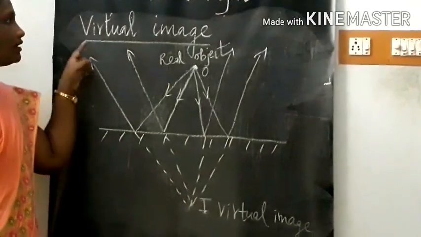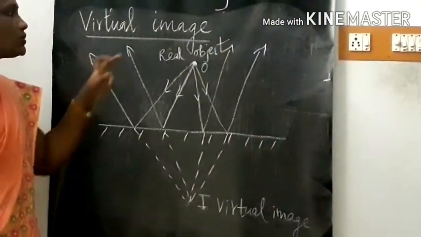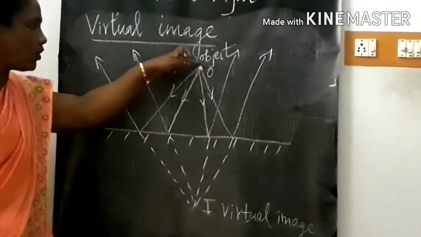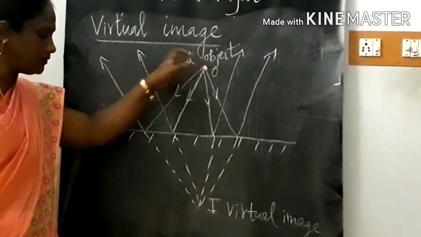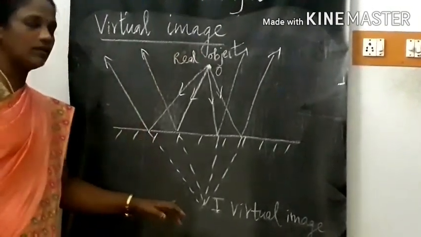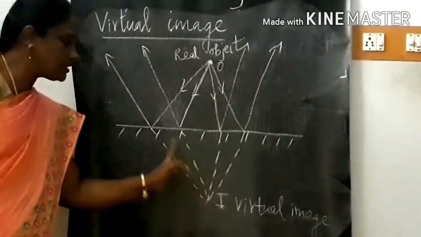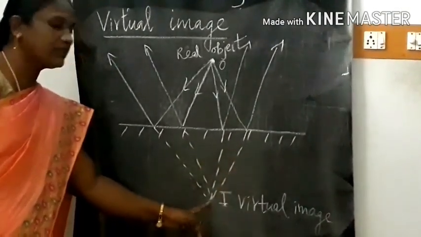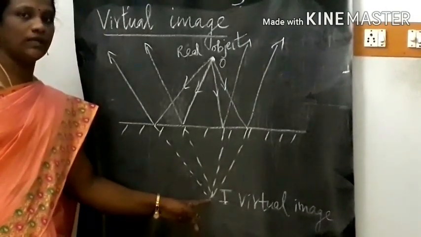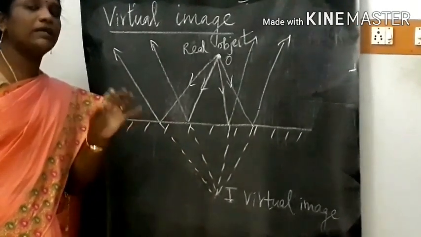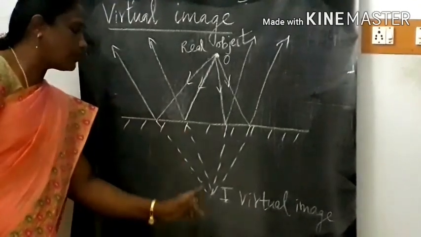Next, let us learn virtual image. The light rays from an object after reflection do not meet, or they appear to meet when produced backwards, then it is called a virtual image. It will not meet but appears to meet when they are produced backwards.